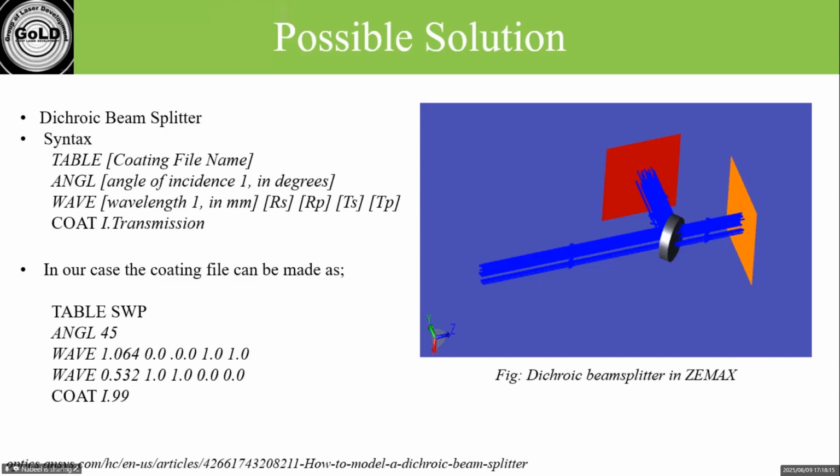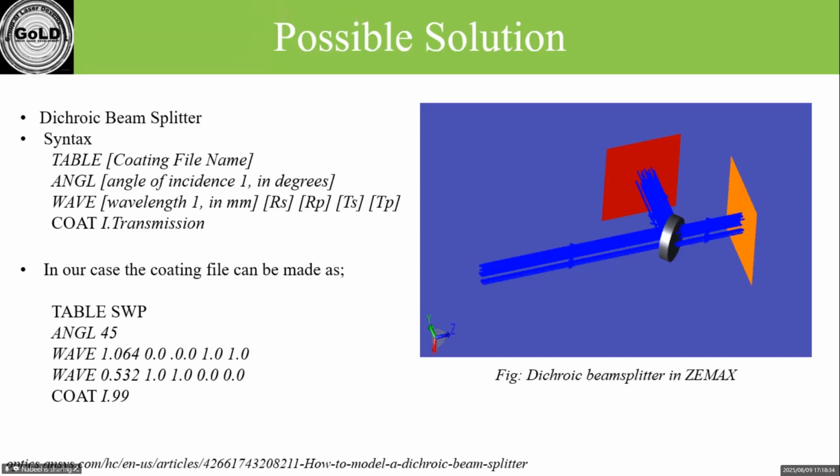But the issue was, if we don't have these two kinds of components in ZEMAX, then how can we say that it is near to the actual problem, or a visualization of the second harmonic generation system?